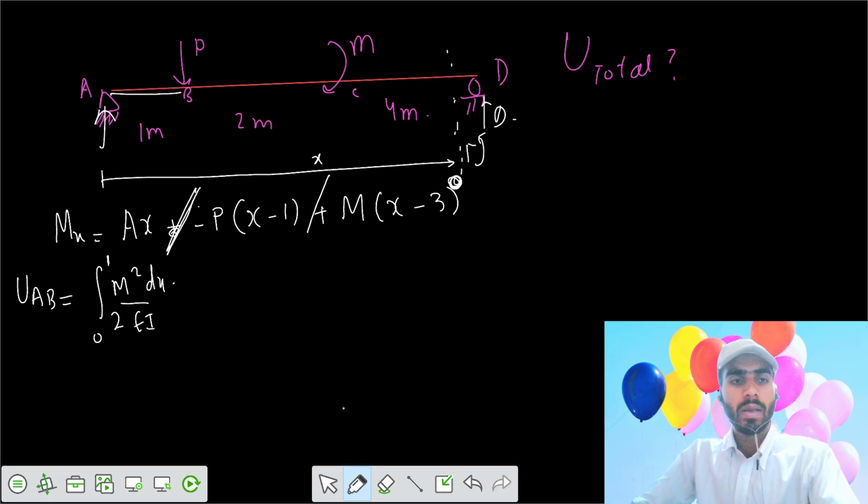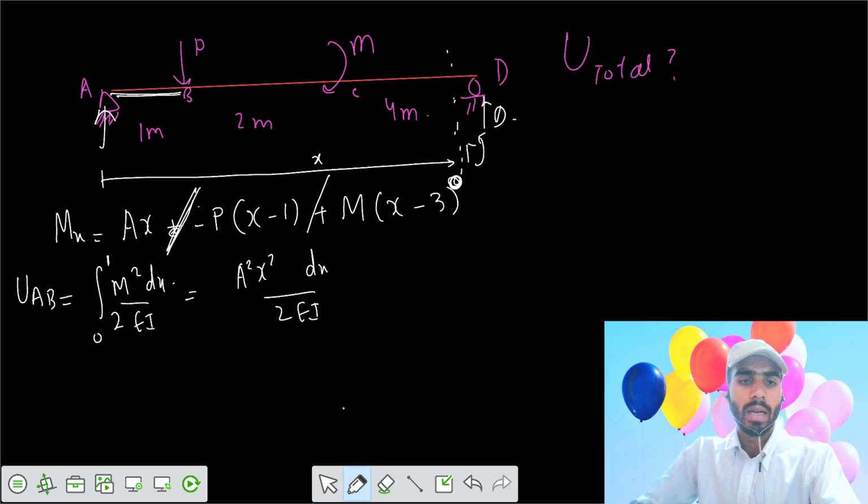For AB only the reaction A x is valid, so M in AB gives A squared x squared dx by 2EI from 0 to 1. Substituting, we get x cubed by 3, that's 1 cubed by 3, so we get A squared by 6EI.